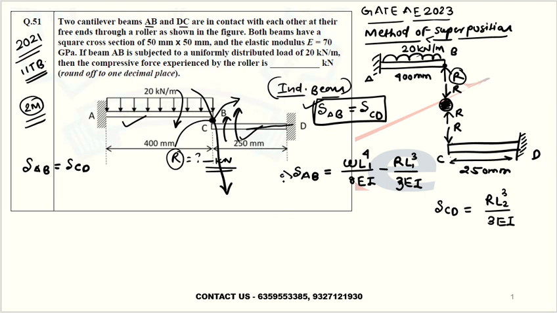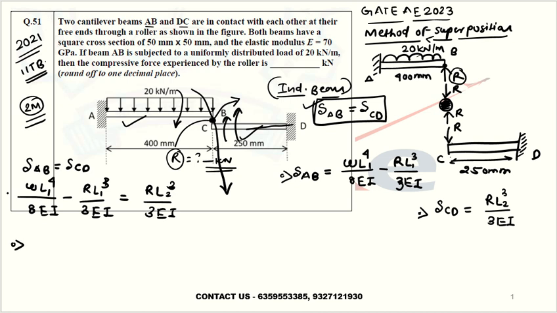I have already written down the deflection equations, so I will simply equate them: W L1 to the power 4 divided by 8 EI minus R L cube divided by 3 EI. I will equate it, and it is nothing but this.